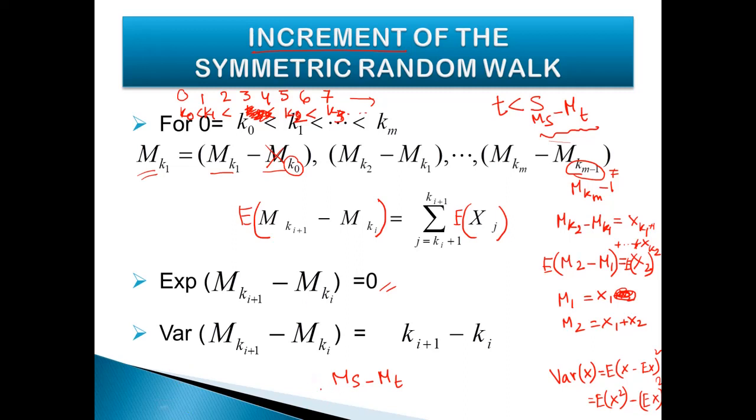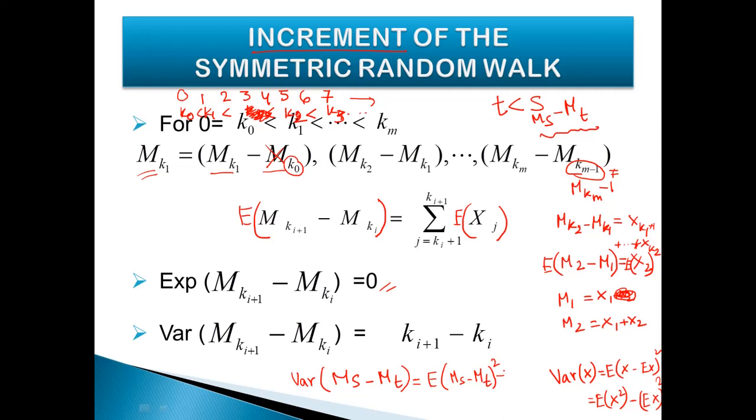If you consider the expectation of m_s minus m_t, it will be the summation of x_j, j equals t to s, which will be 0. Now consider the variance of m_s minus m_t. This means the expectation of (m_s minus m_t minus its expectation) whole square.